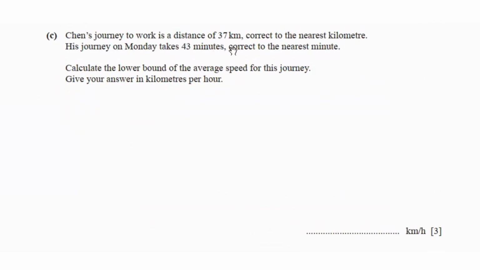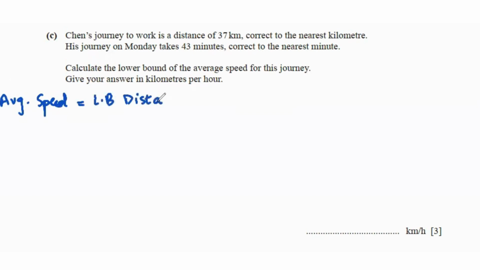Chen's journey to work is at a distance of 37 kilometers correct to the nearest kilometer. His journey on Monday takes 43 minutes correct to the nearest minute. Calculate the lower bound of the average speed for this journey. So since we're trying to calculate the lower bound for the average speed, what we will do is the distance will be lower bound.